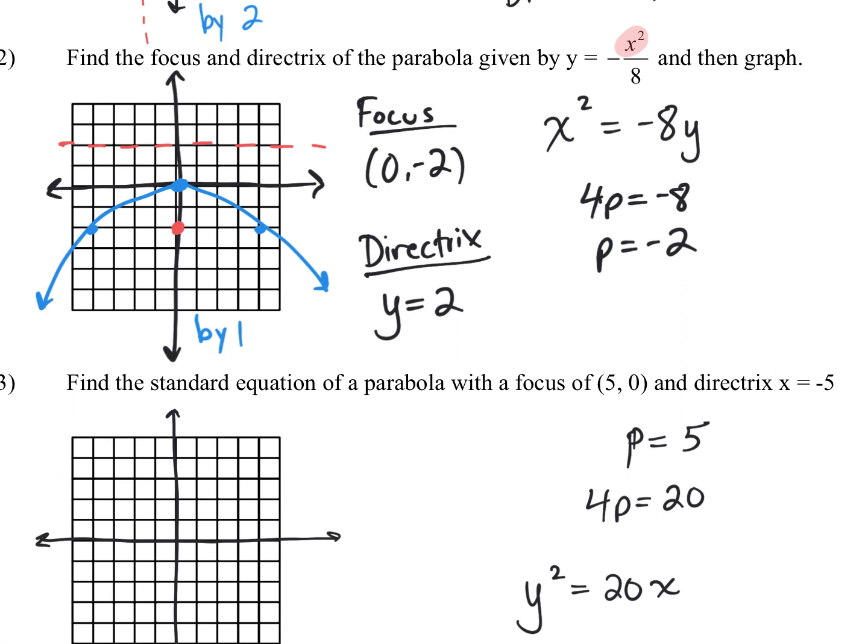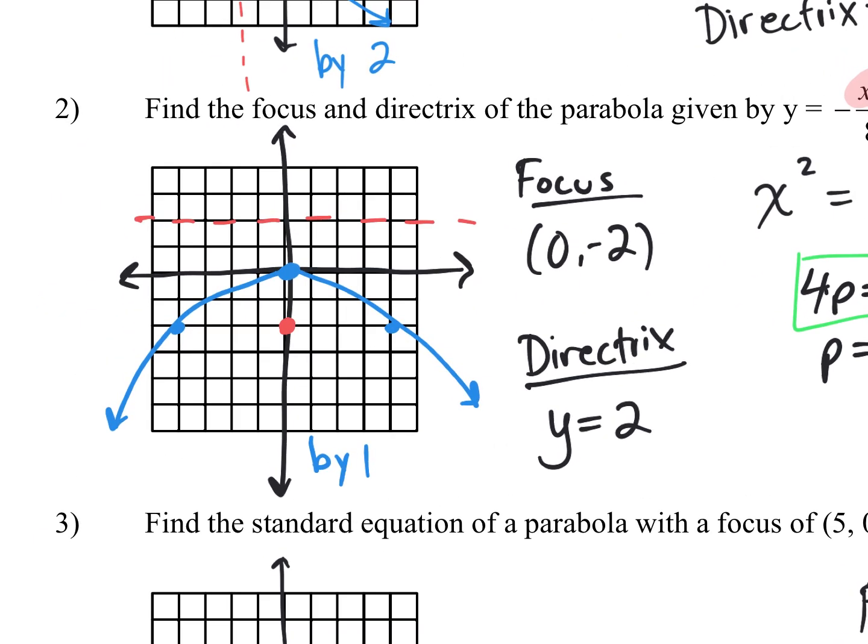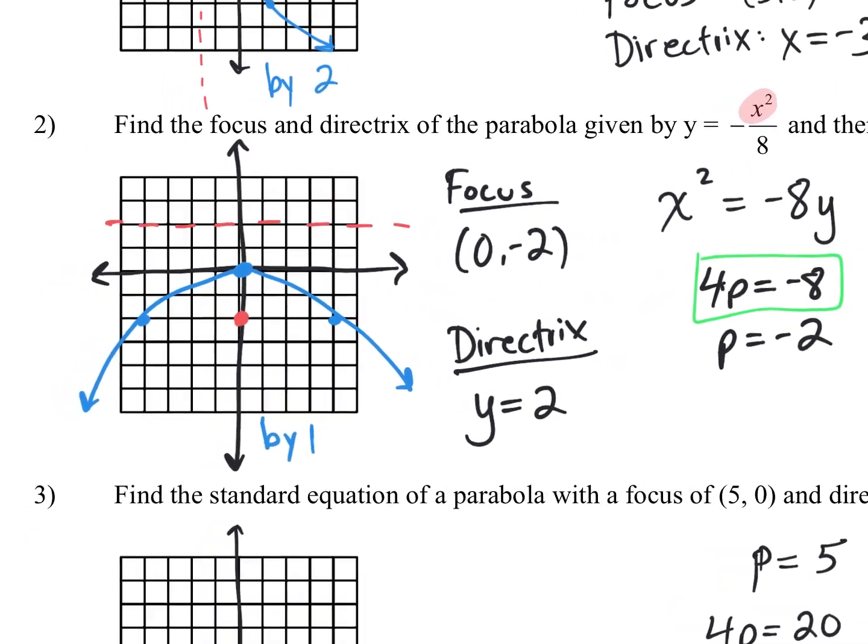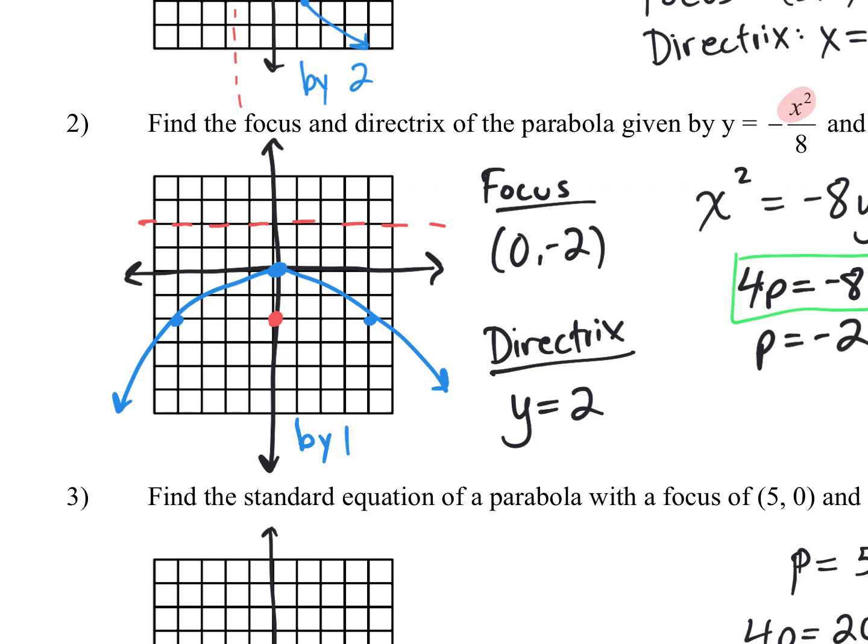The way I am sketching these is, if I know that 4p is the width of the parabola at the level of the focus, what I am doing is I'm counting half of 4p, in other words 2p, out from that point.